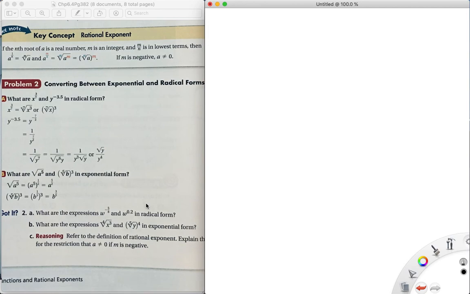Okay, negative rational exponents. This should be fun. All right, so for 2a, we have w raised to the negative 5/8. To refresh your memory, if I have something raised to a negative power, that means I'm dealing with the inverse.